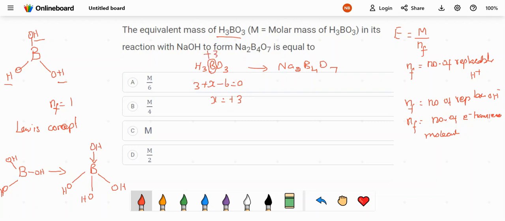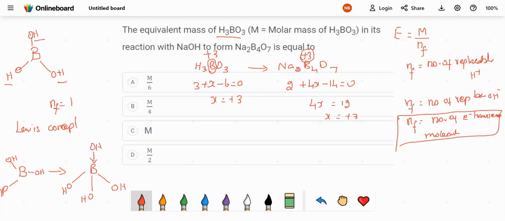And here we are going to find out 4x in Na2B4O7. Na2 will be plus 2 and oxygen minus 14, overall it will be 0, then 4x will be 12, so again I am getting x is equal to plus 3. So there is no oxidation state change, so the number of electrons transferred per molecule cannot be used here because the oxidation state is not changed at all.